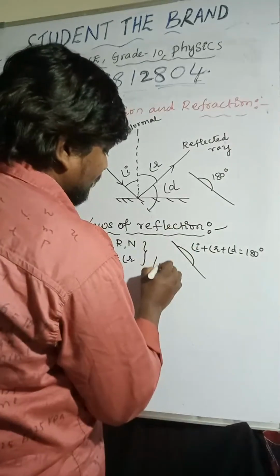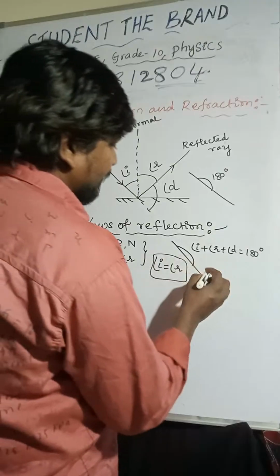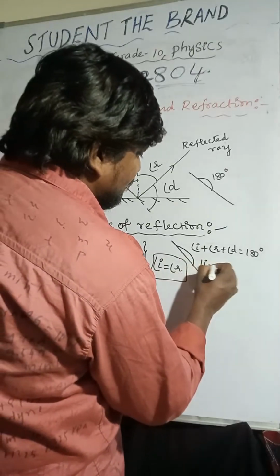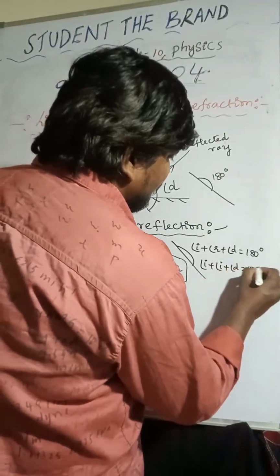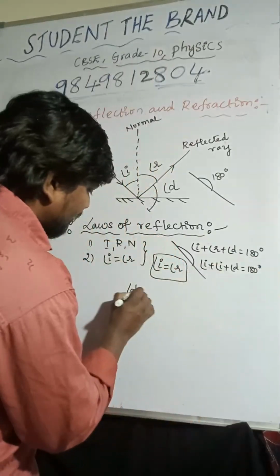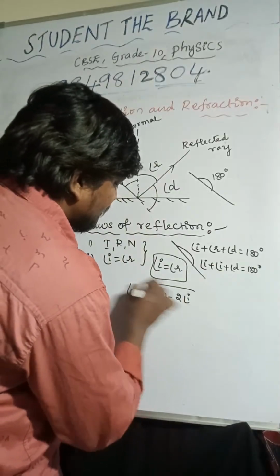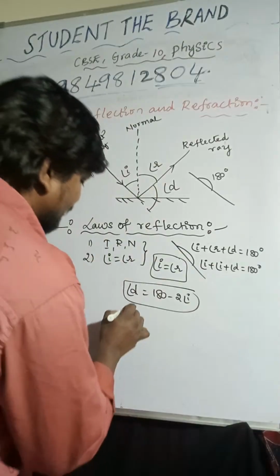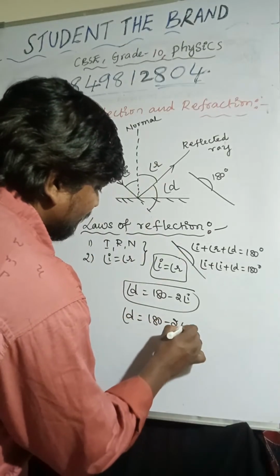So we can substitute: angle of incidence plus angle of deviation equal to 180 degrees. So angle of deviation equal to 180 minus 2 angle of incidence, and we can also take angle of deviation equal to 180 minus 2 angle of reflection.